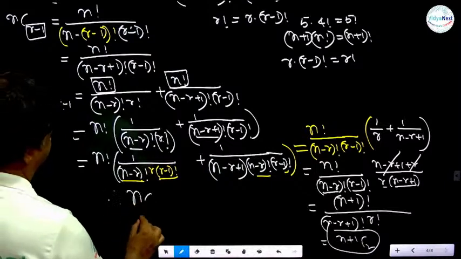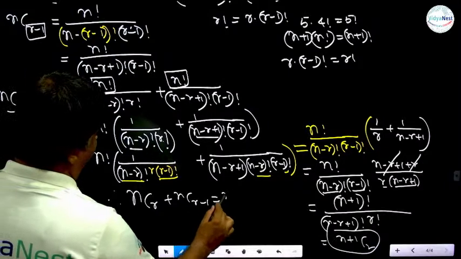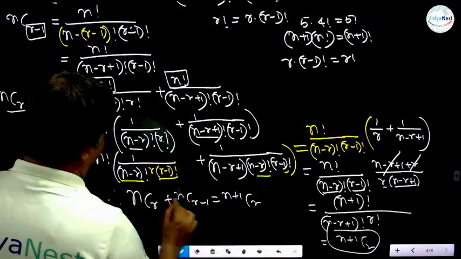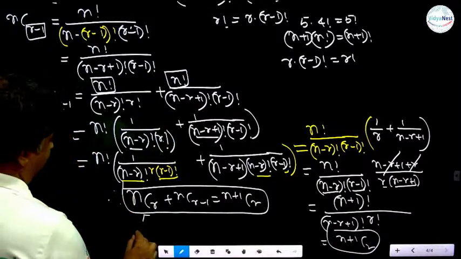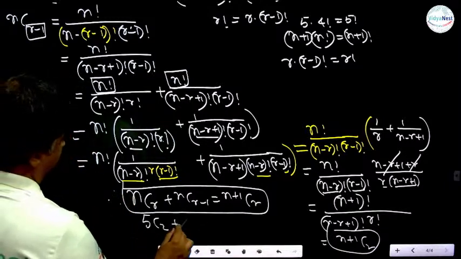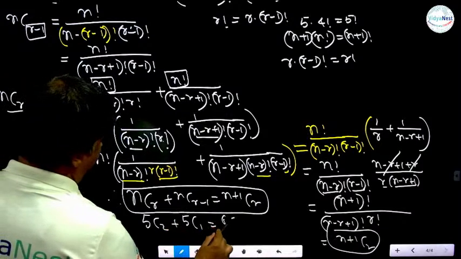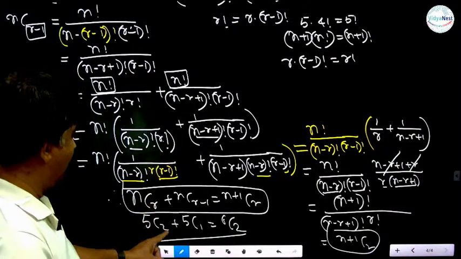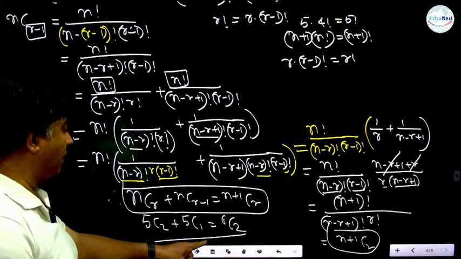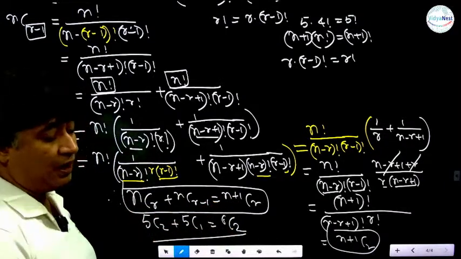Therefore, nCr plus nCr minus 1 is equal to n plus 1 Cr. Important result that is. That means 5C2 plus 5C1 is equal to 6C2. Okay. nCr plus nCr minus 1 is equal to n plus 1 Cr. Okay.